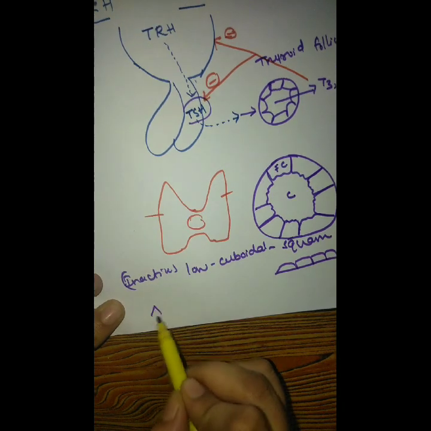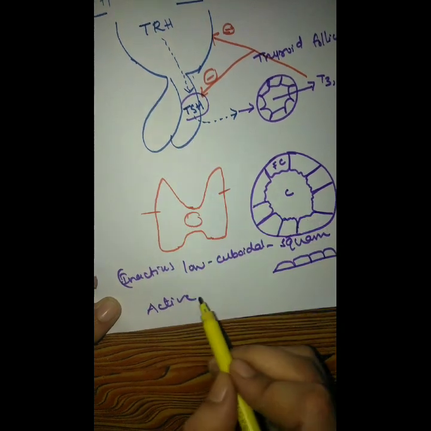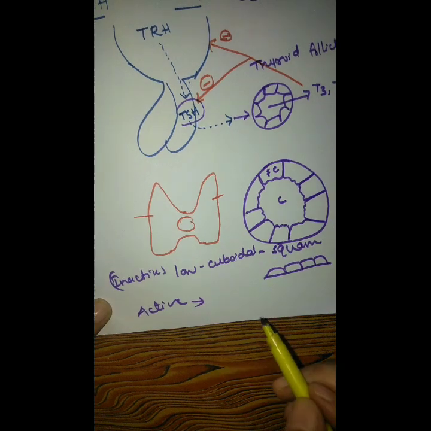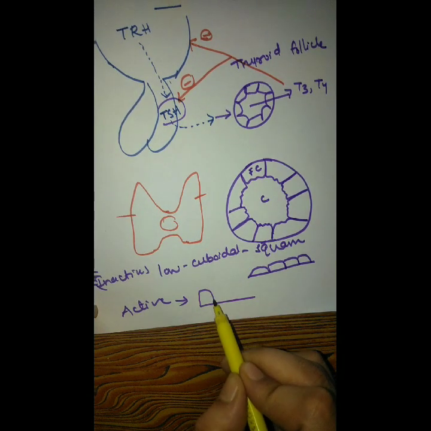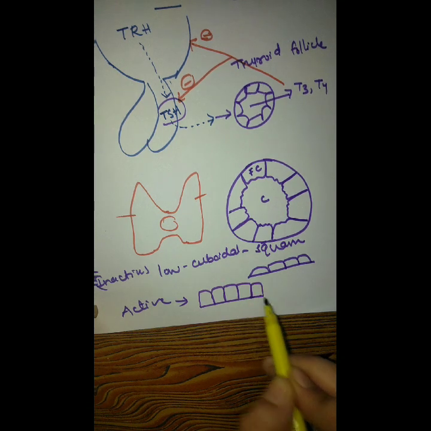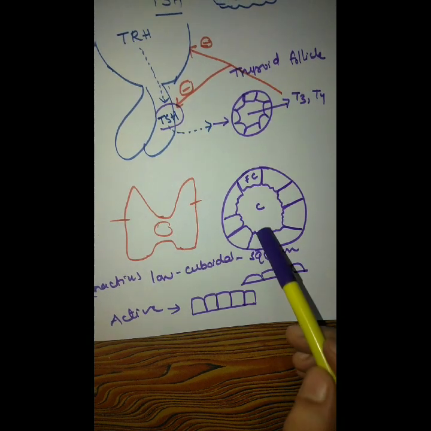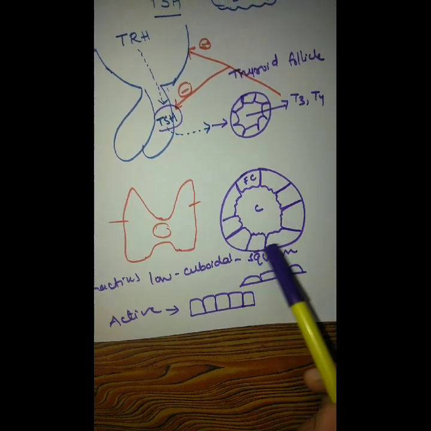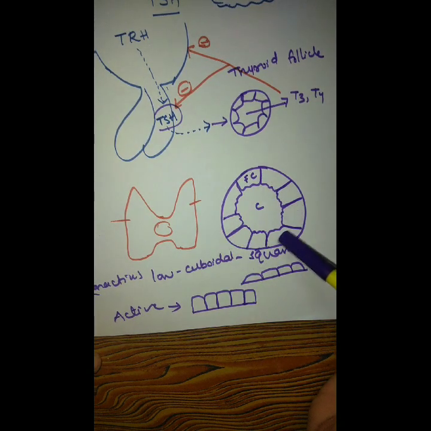And when they are active, means when these follicular cells are under the influence of thyroid stimulating hormone, at that time they become cuboidal to low columnar. Okay, somewhat like this. So this is the basic special feature of these follicular cells. Follicular cells are the cells which are present in the thyroid follicle. This is the entire thyroid follicle, and these are the follicular cells.